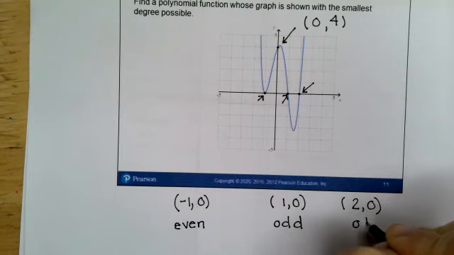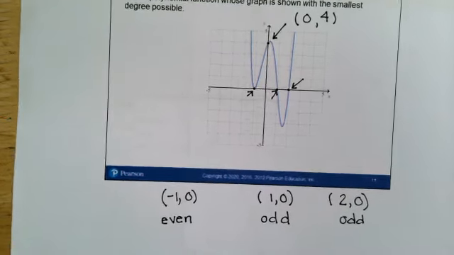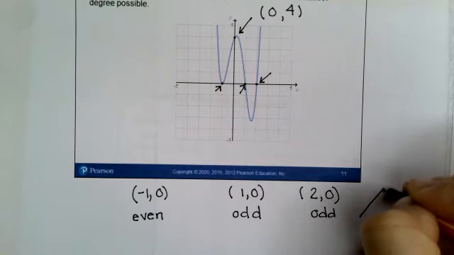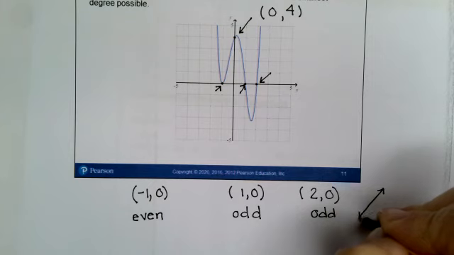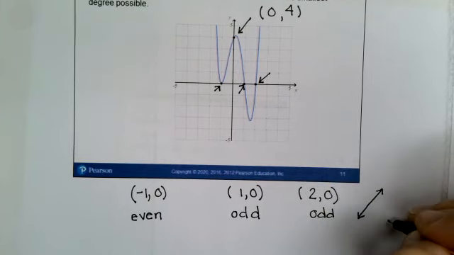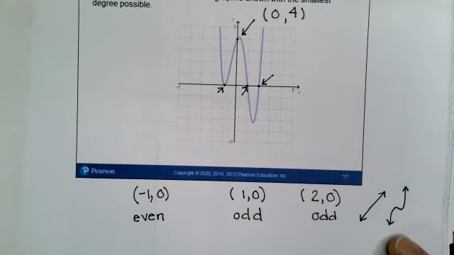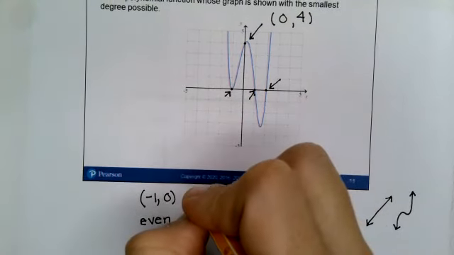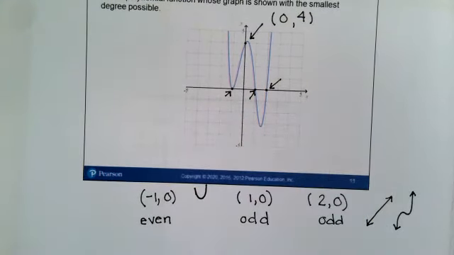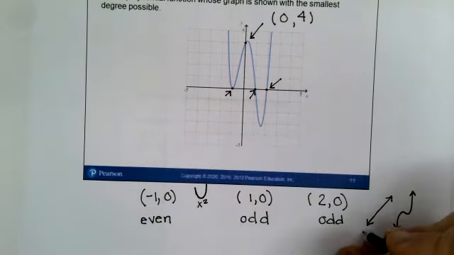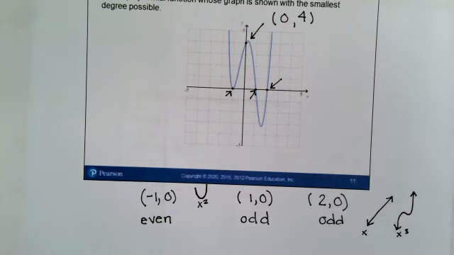You can remember that by thinking about what, if x is raised to the first power, it's just a line, right? If x is raised to a third power, an odd power, it's a curved line, but there's not really as obvious a place for it to go down and come back up like a true parabola, okay? So even looks more like x squared, odd looks more like x or x to the third crossing through, if you need to remember that, okay?